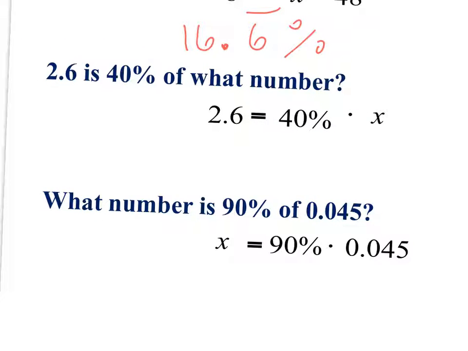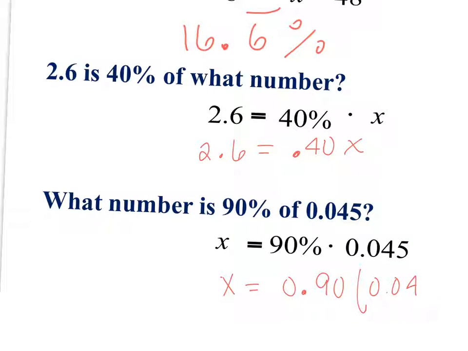And 40% would be changed to 0.40. So to write it as an equation, it would be 2.6 is 0.40 times x. Then you would divide by 0.40. Remember to change the percent to a decimal if you are making it as an equation.